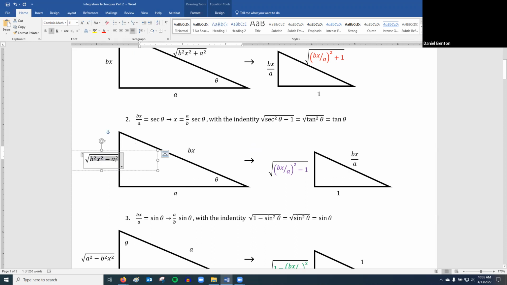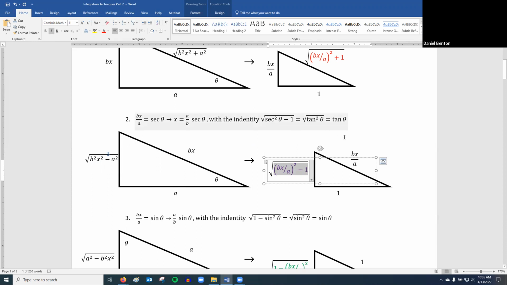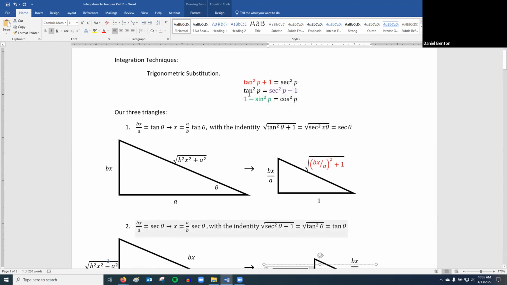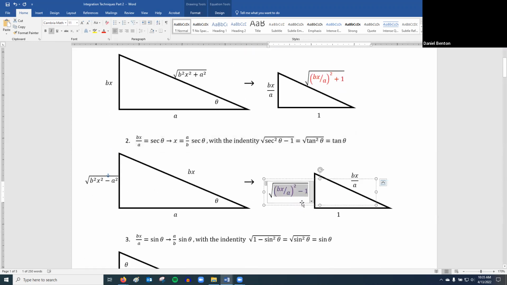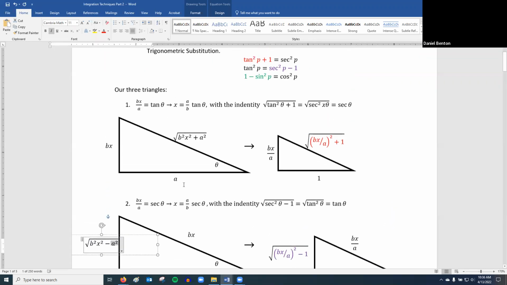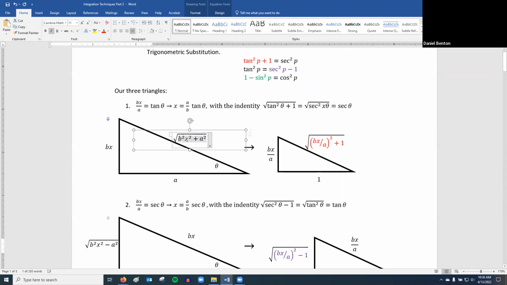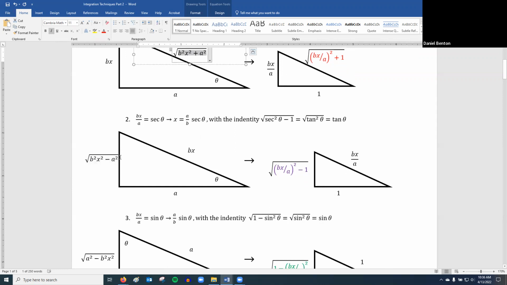And it turns out that this form right here, when you divide by a, gives you this form right here. And this form is perfect for our secant squared minus 1 identity to become a tan squared, right? So the x squared thing plus something goes with tangent. The x squared thing minus something goes with secant.